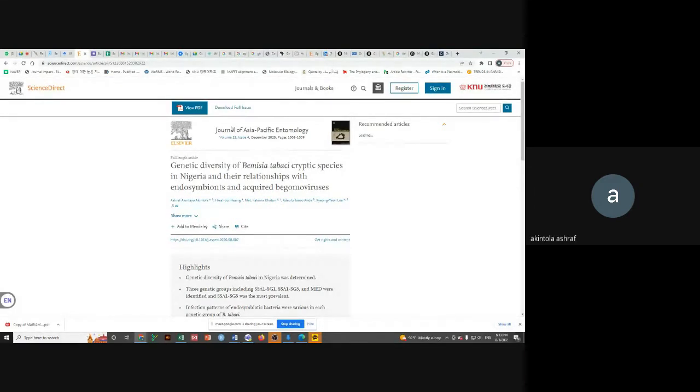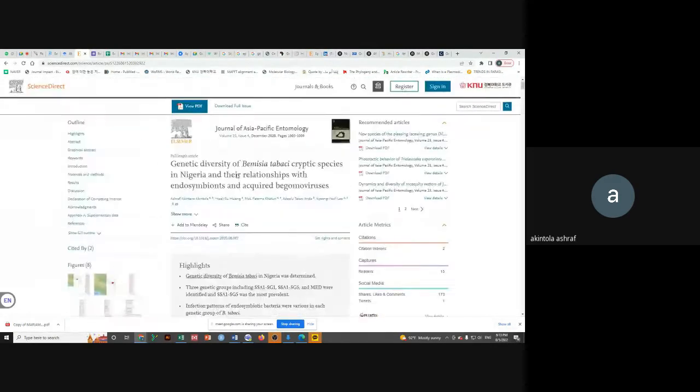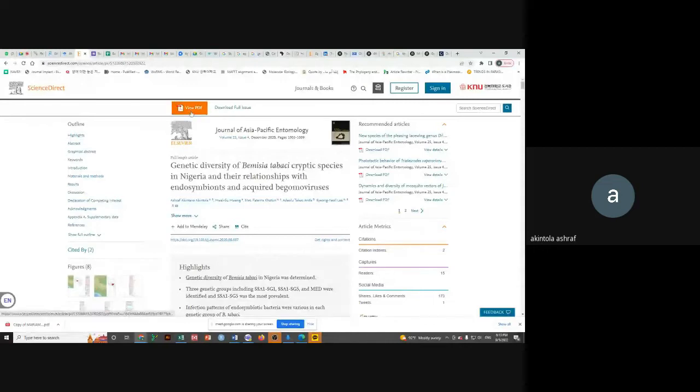The other one is the bacteria, and the other one is the viruses, the virus that affects the plants and also the insect. So now let us check the PDF of the file. I promised to download and share it with the group, but unfortunately I forgot. So thank God this opportunity presents itself.